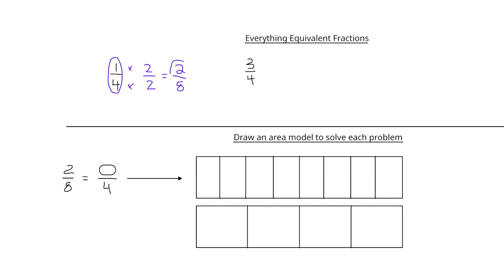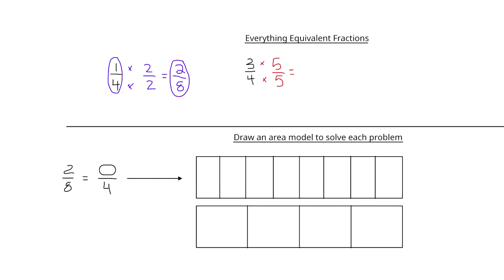Now let me go to my next example. I just change colors as I'm going. If I want to make an equivalent fraction for 3/4, the rule is multiply the numerator and the denominator by the same number. You can also say multiply the numerator and denominator by a fraction that is equal to 1.